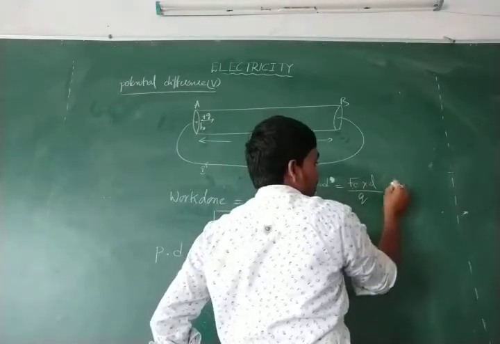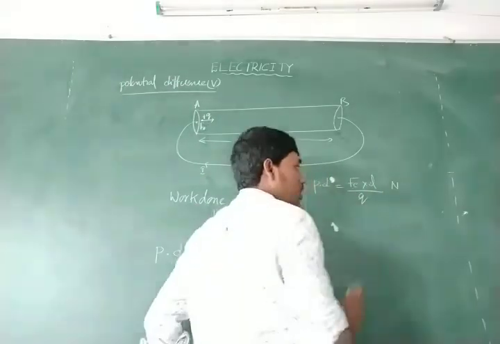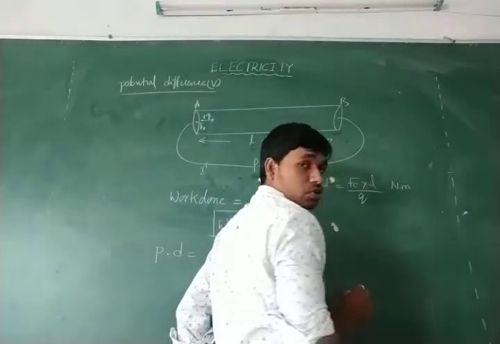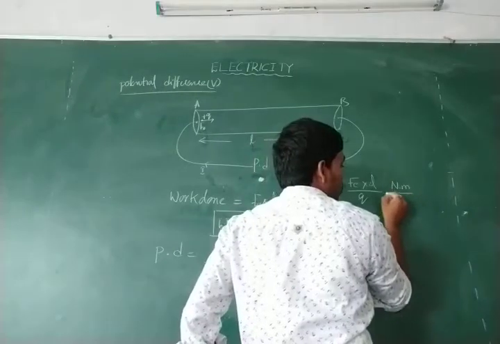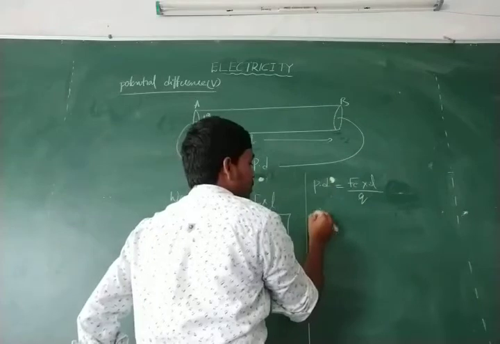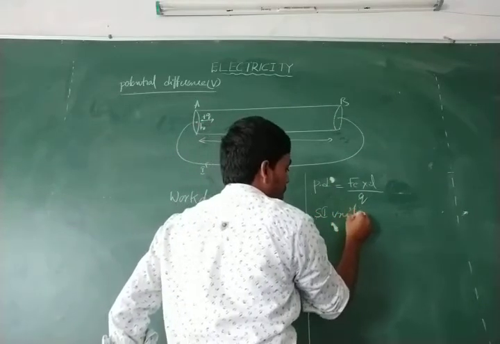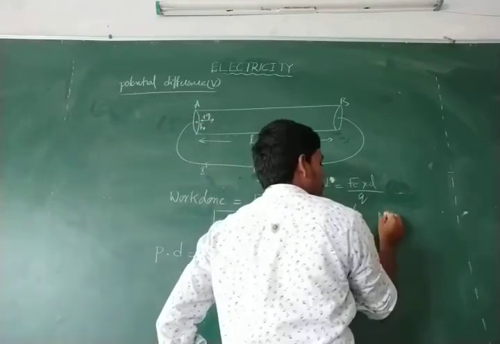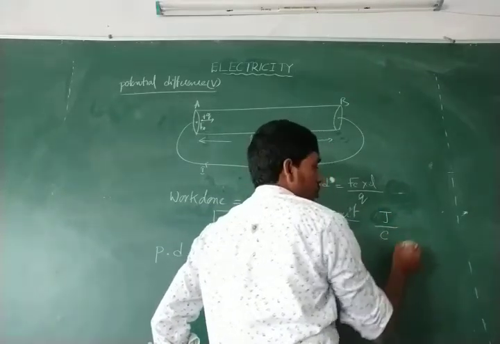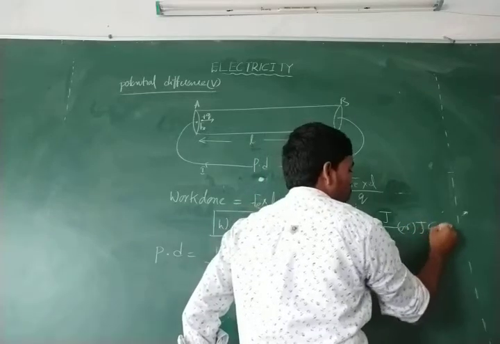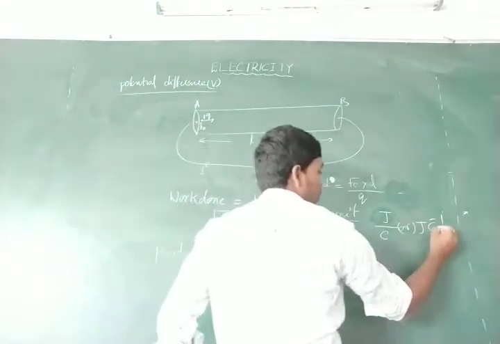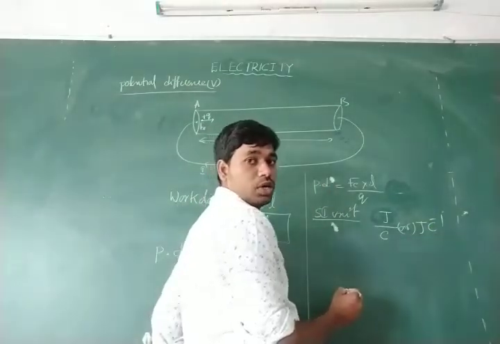Then this Fe is nothing but force, whose unit is Newton, and L is meter. Newton meter stands for joules, that is the unit, and per coulomb. So the SI unit of potential difference is Newton meter per coulomb, or simply, the work done unit is joules per coulomb, or we can say joule coulomb inverse, which is called volt, or simply voltage.